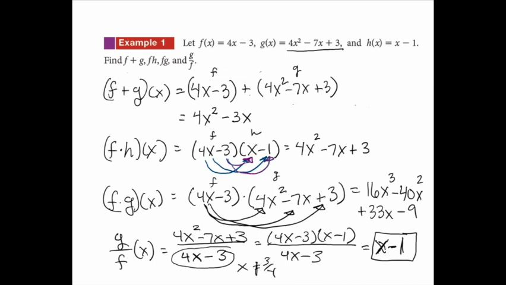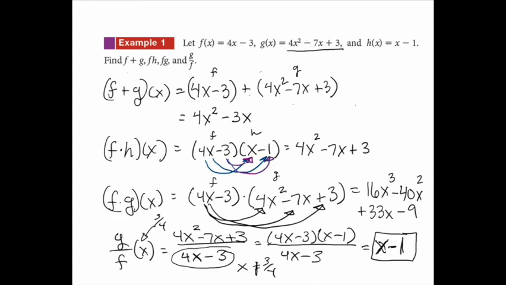So I cannot plug 3/4 into that function. Even though we simplified it to x minus 1, if I were to plug 3/4 in here for x, and then find g of x and divide by f of x, I'm going to run into a problem at 3/4. Let's take a look at this so that I can show you what that means.